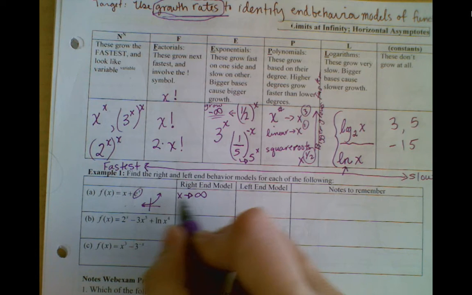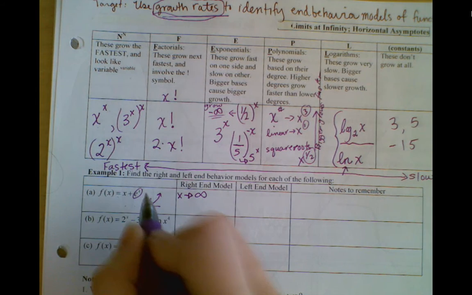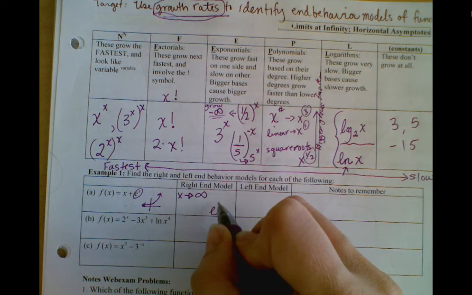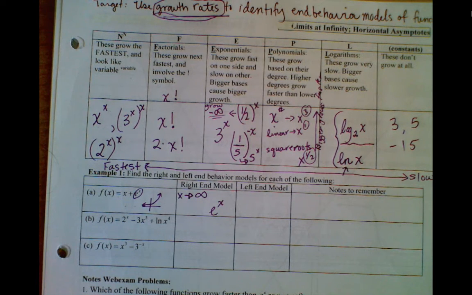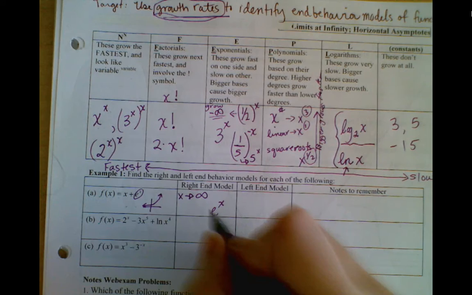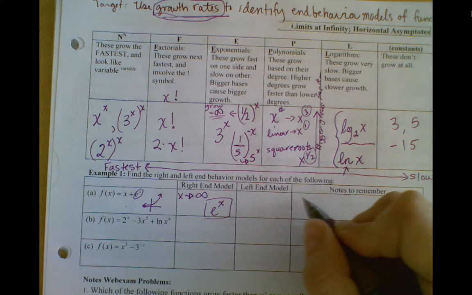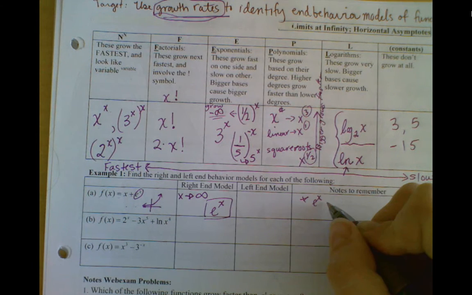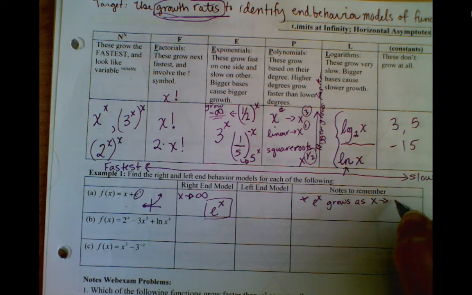So which one of these guys is going to have more power? It will be this guy, e to the x. So note to remember for that one, e to the x grows as x approaches positive infinity.